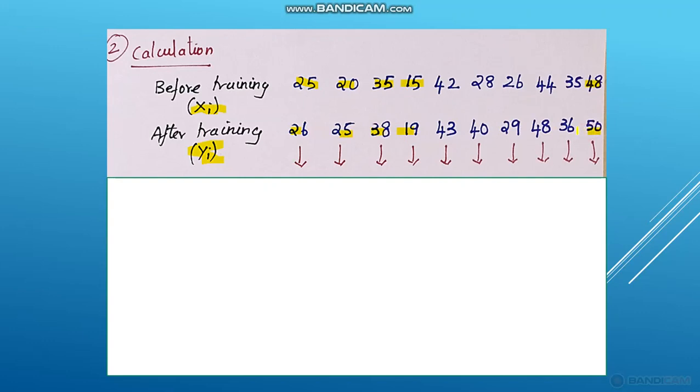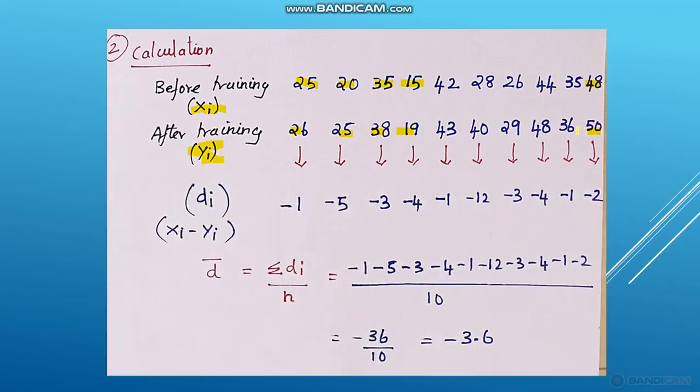The first step is to find d, which is xi minus yi, the difference between the two values. The difference here is minus 1, similarly the difference between these two is minus 5, and here minus 3, like this. From the data you find the difference xi minus yi.